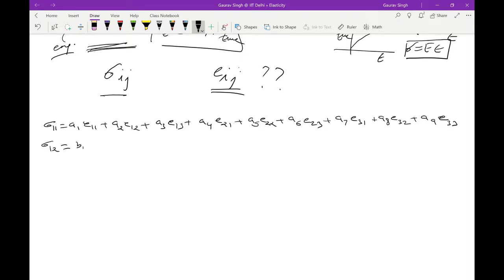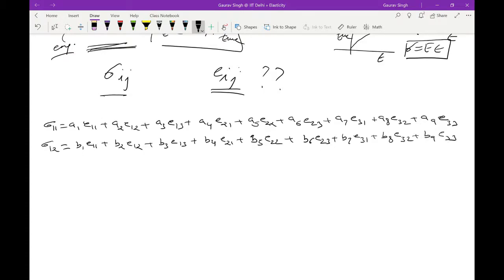So that would be B1 E11 plus B2 E12 plus B3 E13 plus B4 E21, there's no E14, plus B5 E22 plus B7 E3, and similarly you would go for 7 more terms.